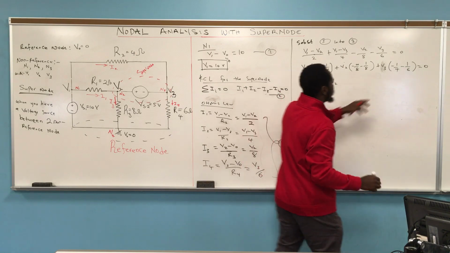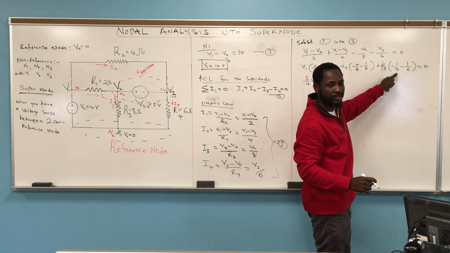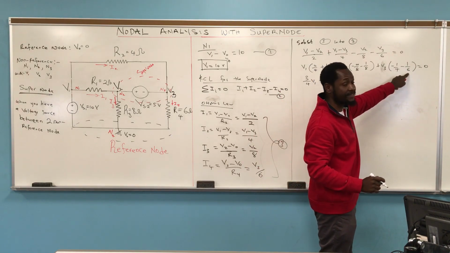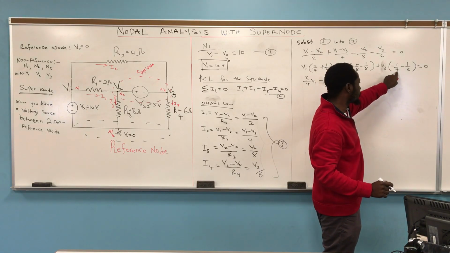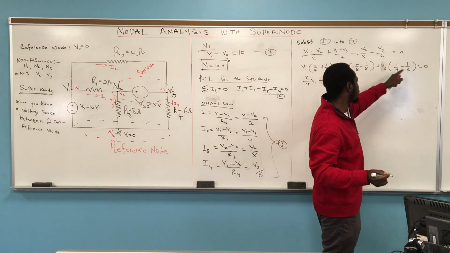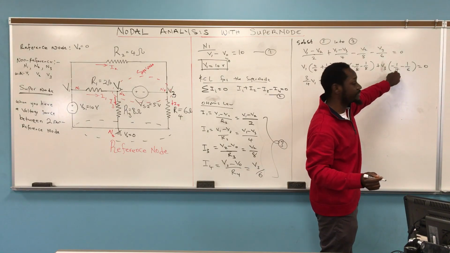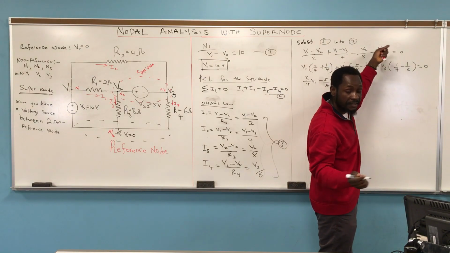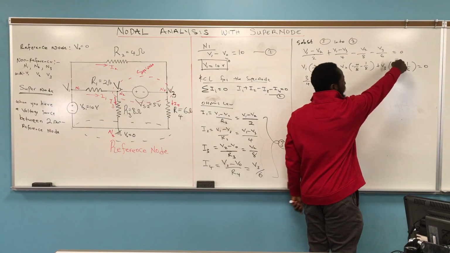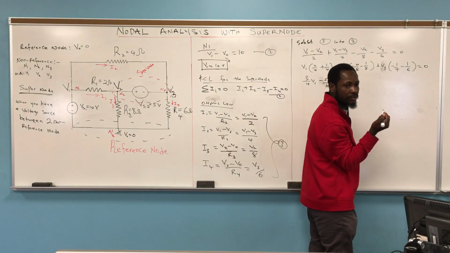V2. And for this one, the denominators are 4 and 6. There's no single whole number I can multiply by; I could multiply by 1.5, but I don't want to do that.